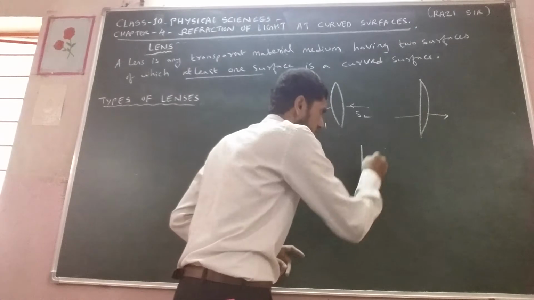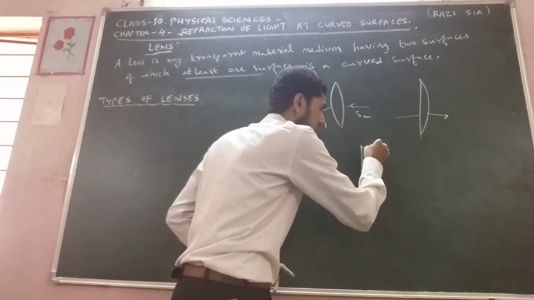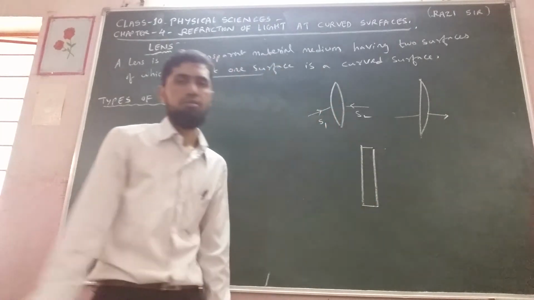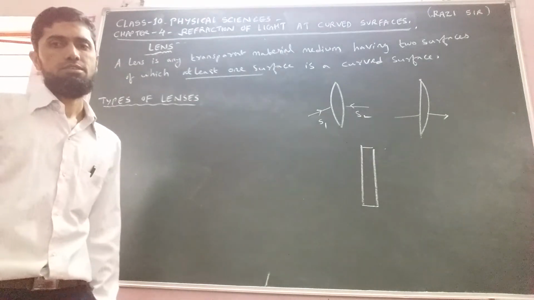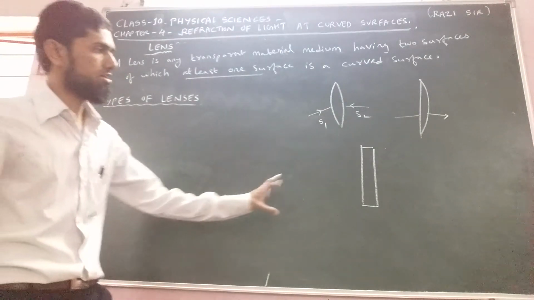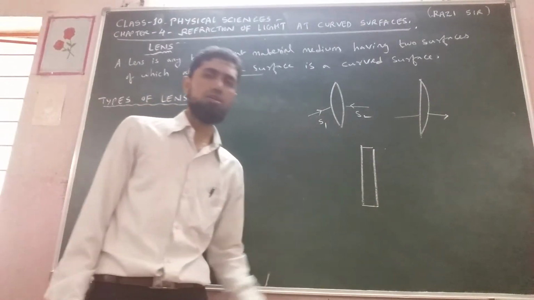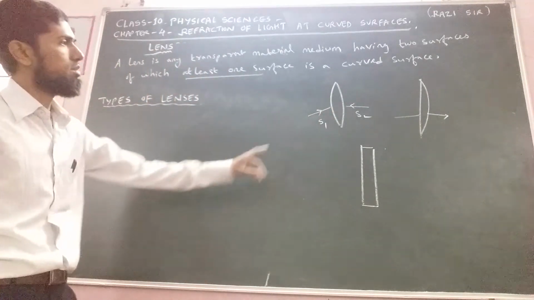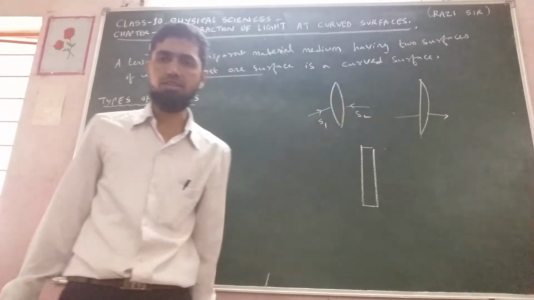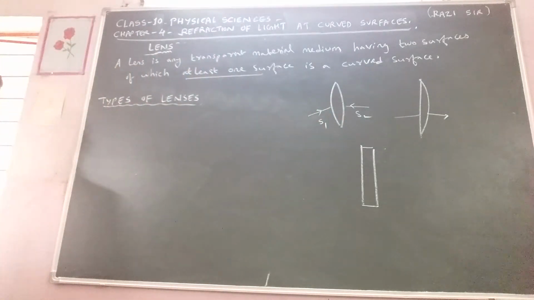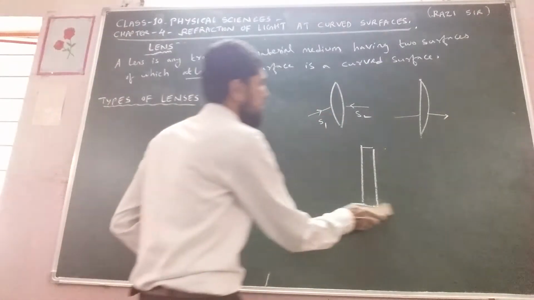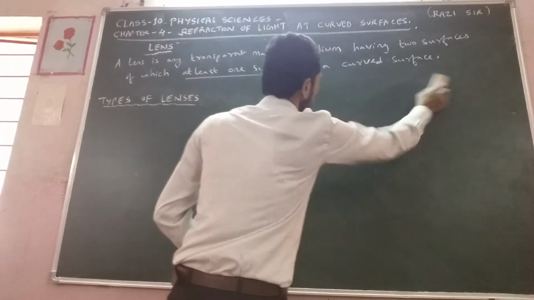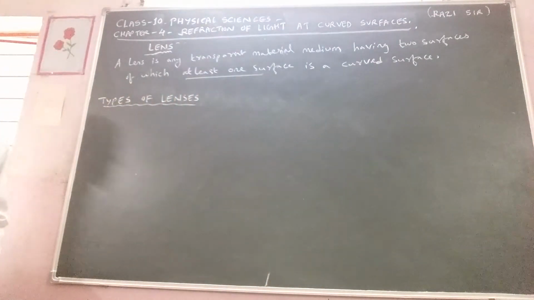But if I take it this way, just like a rectangle, is it a lens? It is not a lens because there is no curved surface here. The condition for forming a lens is that it must have at least one surface as a curve. The other may be a curve or may not be.